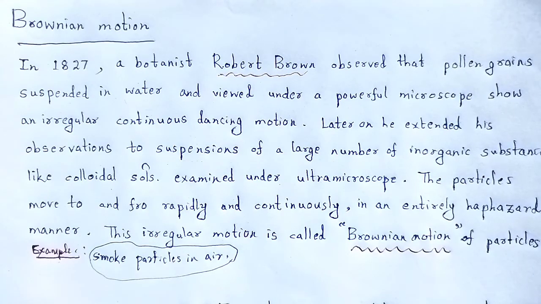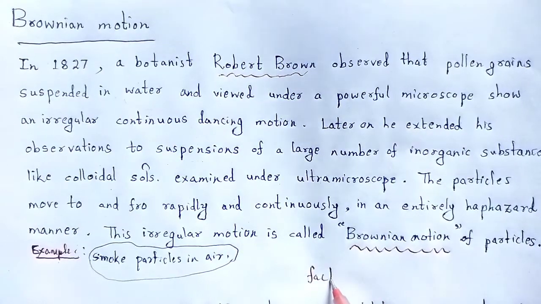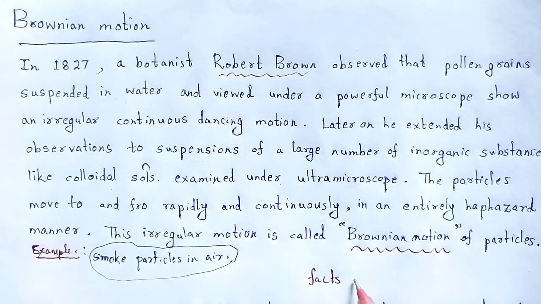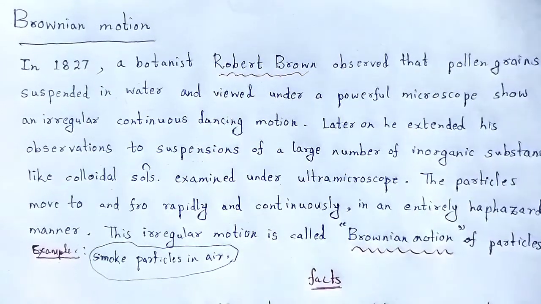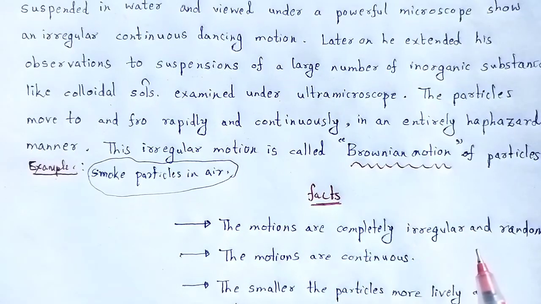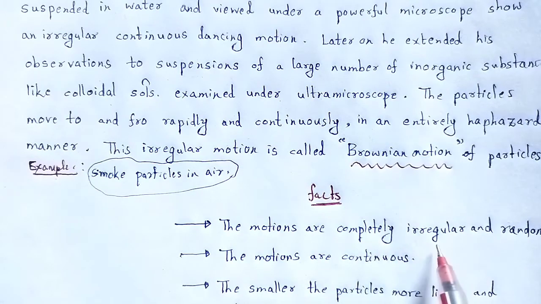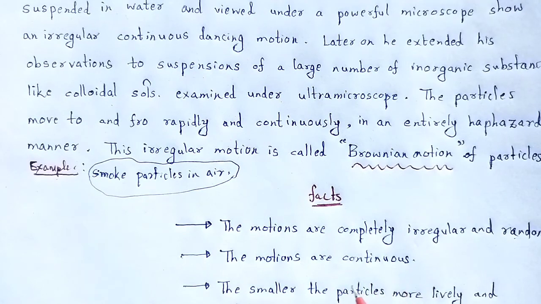There are some facts related to Brownian motion. The motion is completely irregular and random, and it is continuous, not discrete.